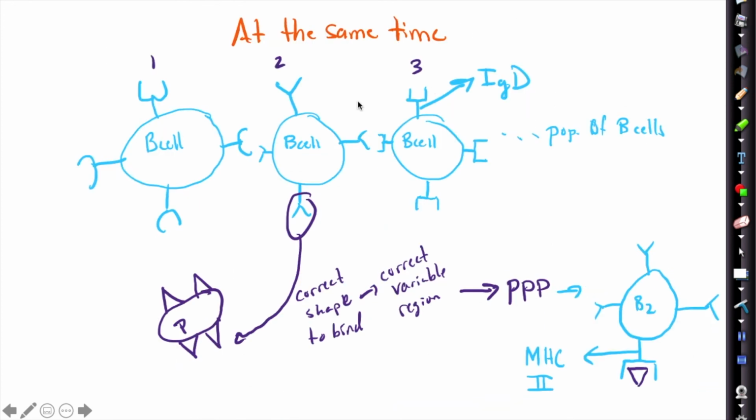Now, at the same time, you're going to have a B cell that can bind through its IgD to that antigen. So that B cell must have the correct variable region of IgD to bind to that pathogen. Once it does, it's going to do PPP, phagocytosing, processing and presenting. Through its MHC class II, it's going to present that antigen.